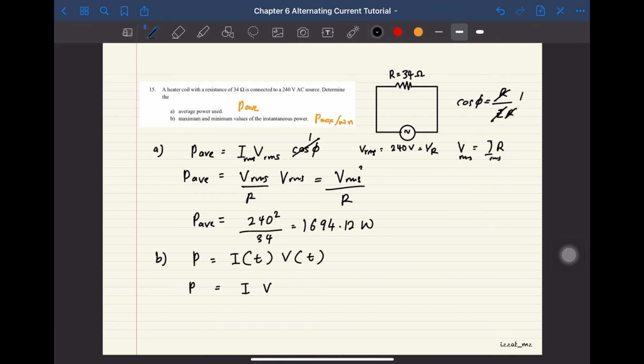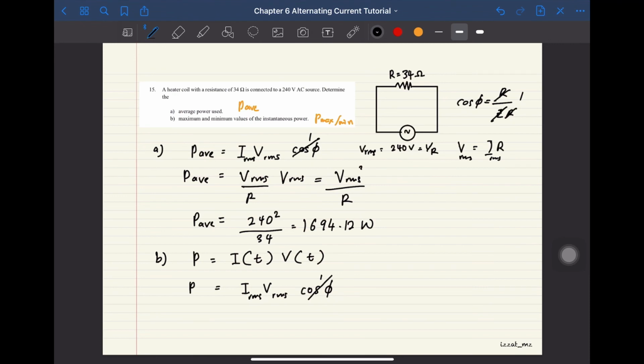So this would be I RMS, V RMS, cos phi. I just use the initial formula that I used over here. But again, this is just a circuit with a resistor. You can cancel out cos phi, it becomes 1. So you're left with I RMS, V RMS.